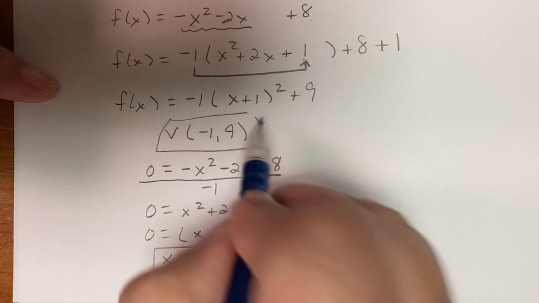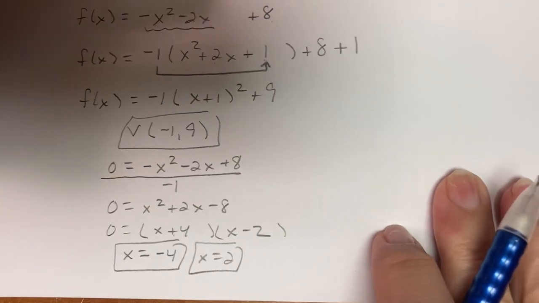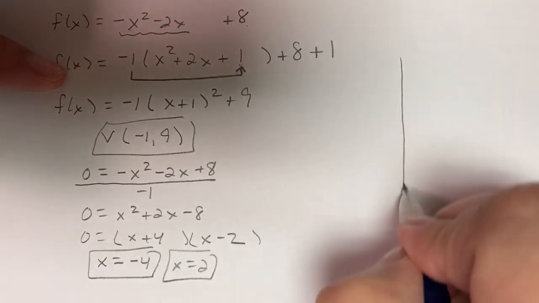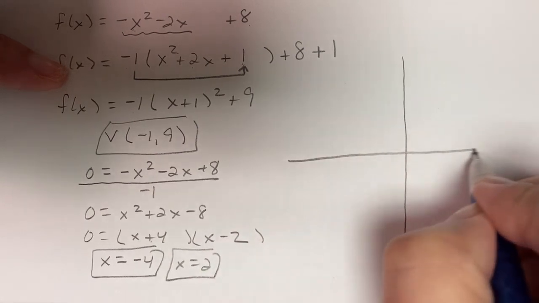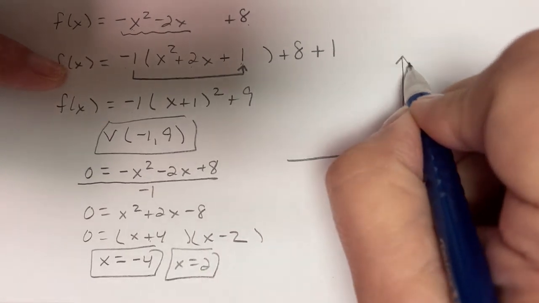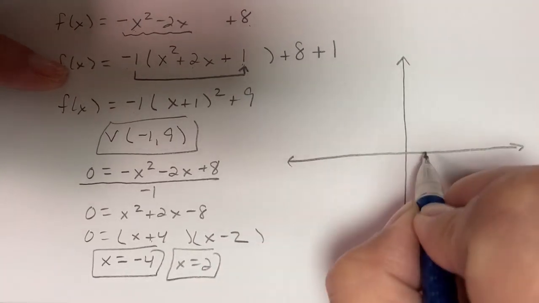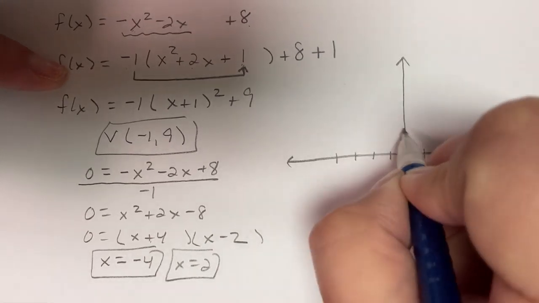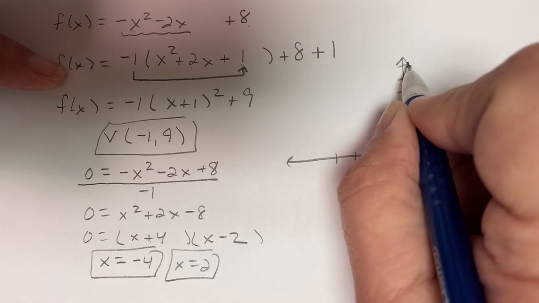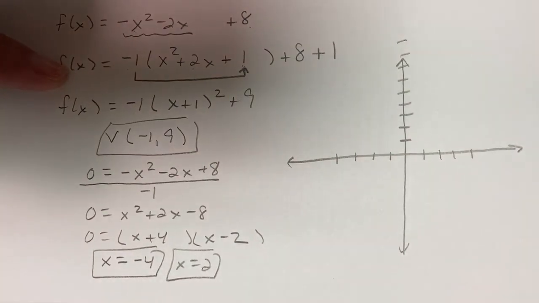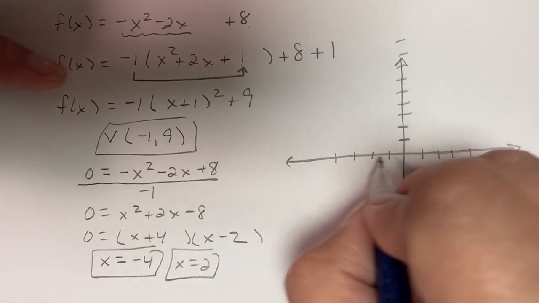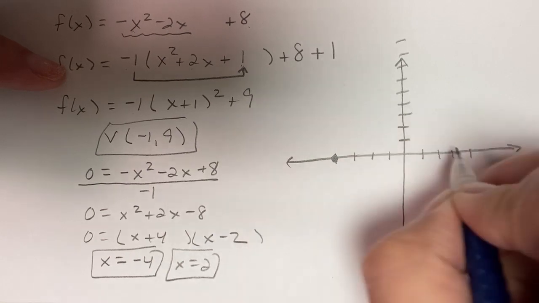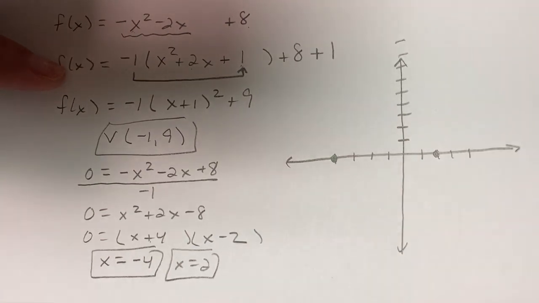So I now have my vertex and my x-intercepts. I have enough information, so I'm going to go over here and make a graph. So I know it crosses the x-axis at -4 and at +2.